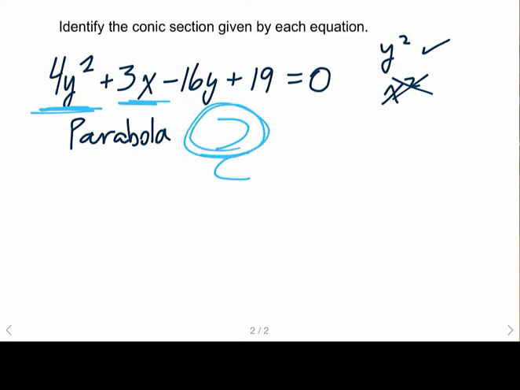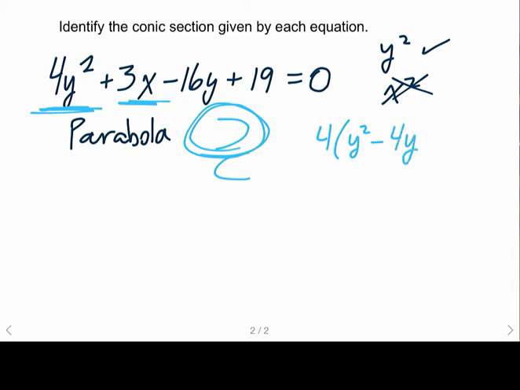Now that I know I'm looking for a parabola, I know what form I want to put the equation in, and so I would maybe factor the 4 out of the y terms, after lumping them together.